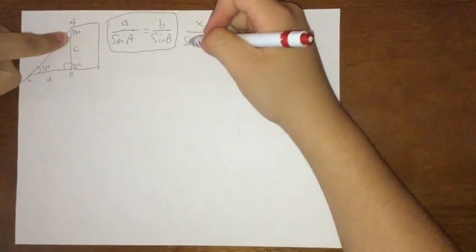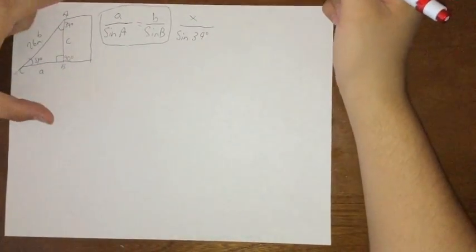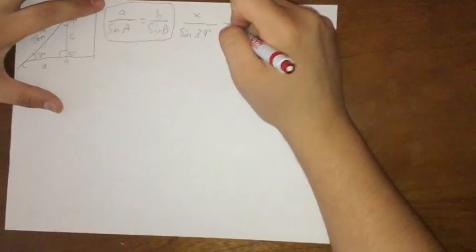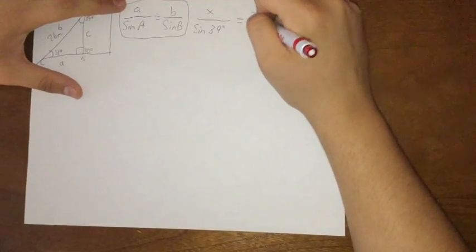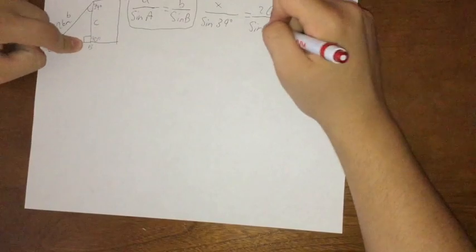Sin of angle A is 39, and this is equal to 26 over sin of angle B, that is 90.